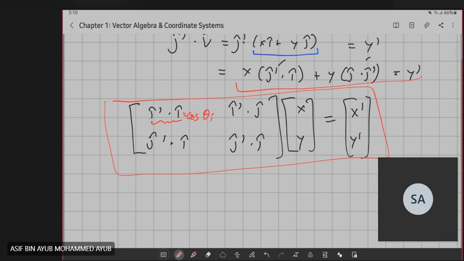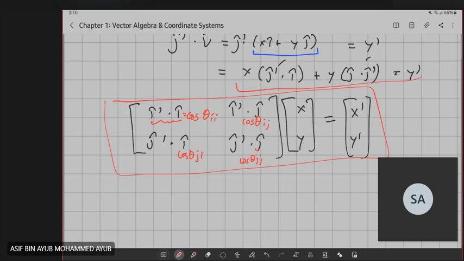Similarly, if I know the angle between these two, let's write cos theta I, because we have two i's. Then cos theta ij, cos theta ji, because you have dot product between j and I. And finally, cos theta jj.